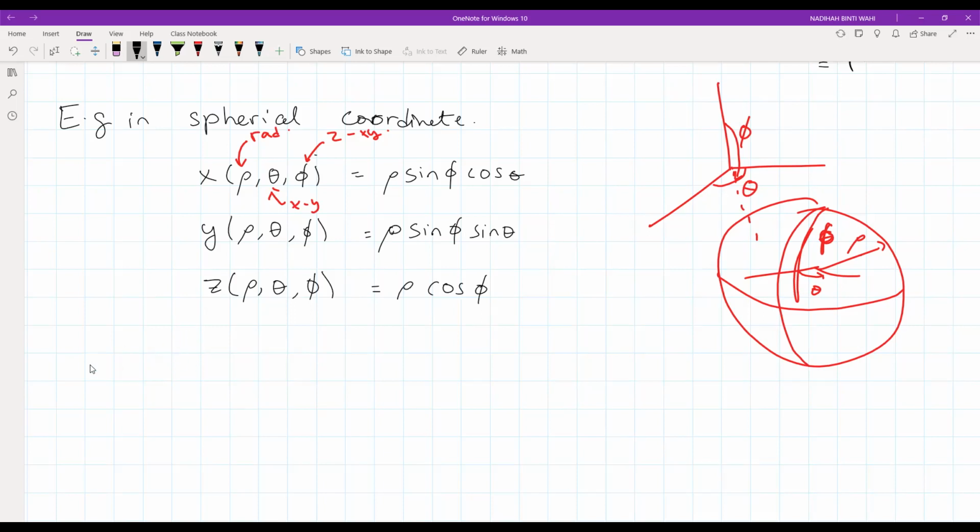So the Jacobian of x, y, z with respect to rho, theta, and phi is the determinant of the partial derivatives: x in terms of rho, x in terms of theta, x in terms of phi, and then y in terms of phi, rho, and then z in terms of phi.